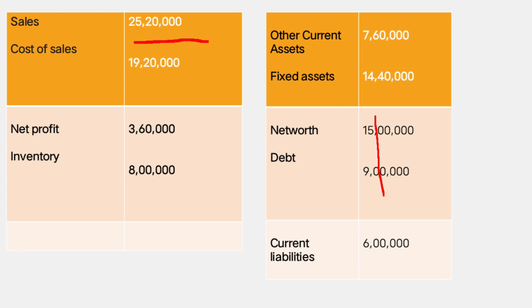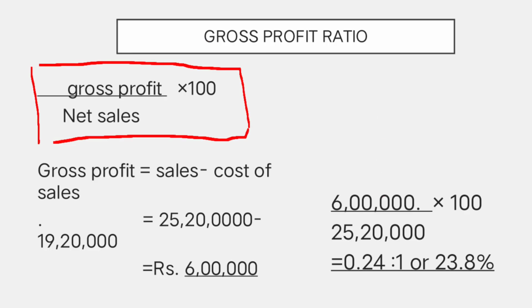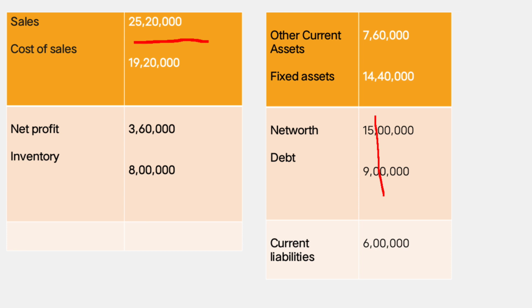No, right? So you have to use one formula for that. Gross profit is equal to sales minus cost of sales. What is the sales given there? 25,20,000 minus cost of sales 19,20,000.